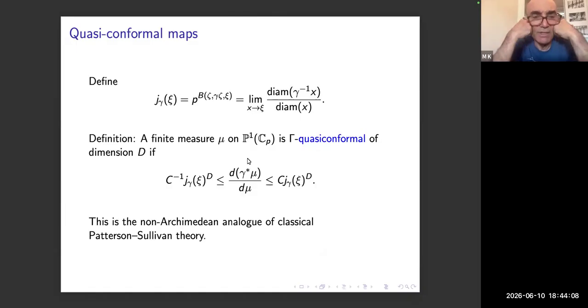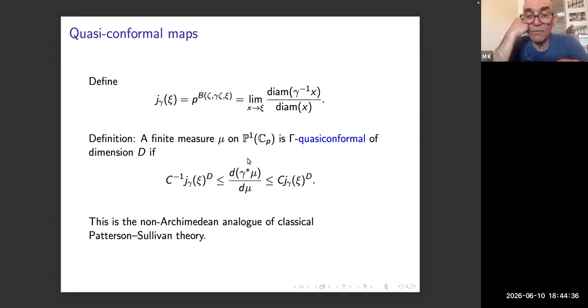So maybe I should say, here I think there's a little bit off the place, I'm afraid. This should have been explained a little bit earlier. Here I try to explain Sullivan's construction. So instead of conformal maps, you look at quasi-conformal maps. In this case, they satisfy this inequality.